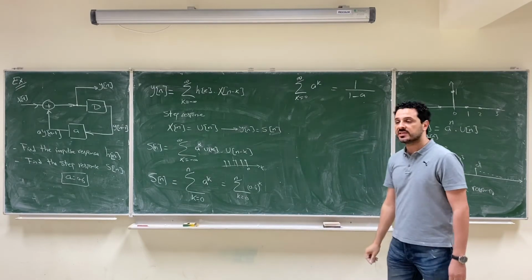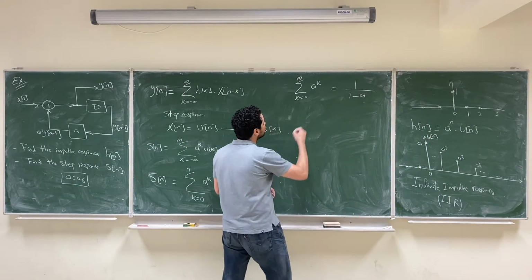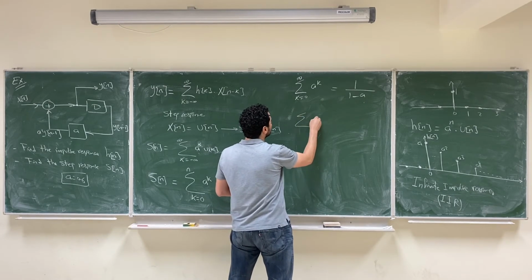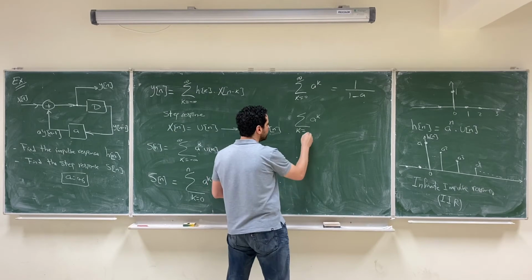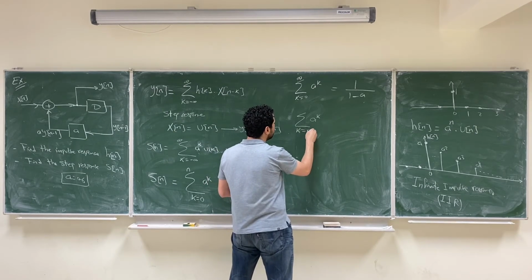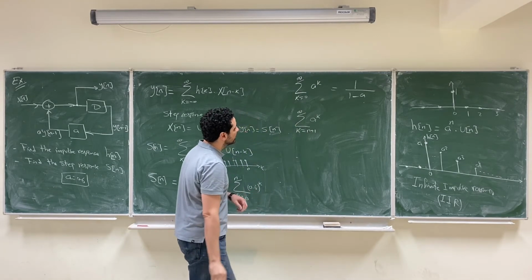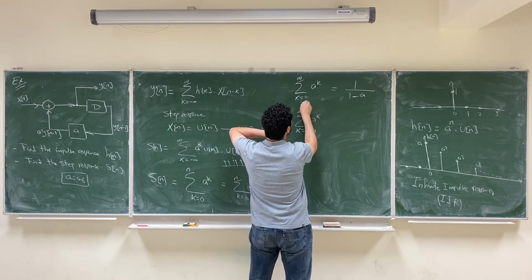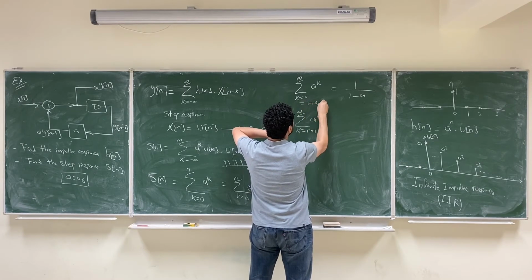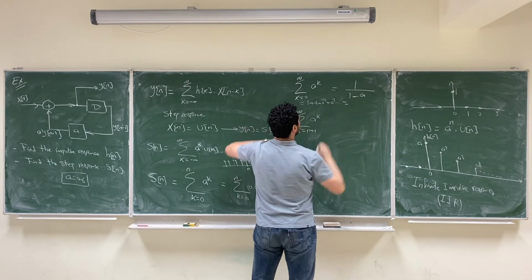What if you have the summation of a to the power k from k equals, let's say, n plus 1 to infinity? This summation is what? It is a to the power n plus 1, a to the power n plus 2, and so on.